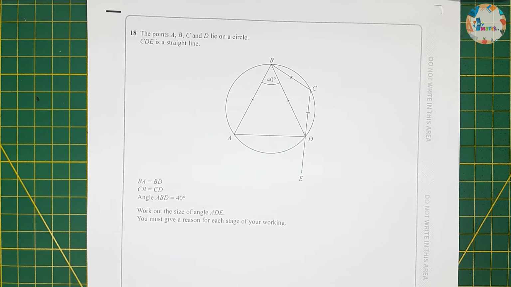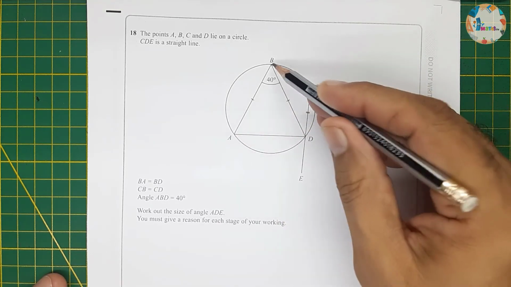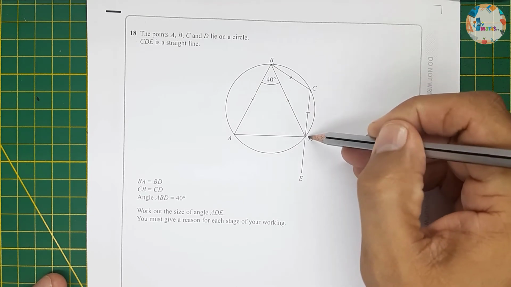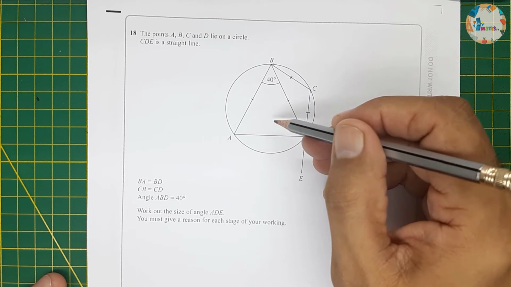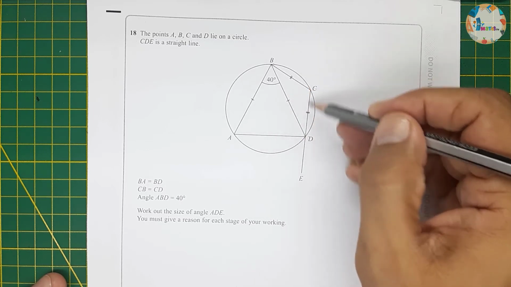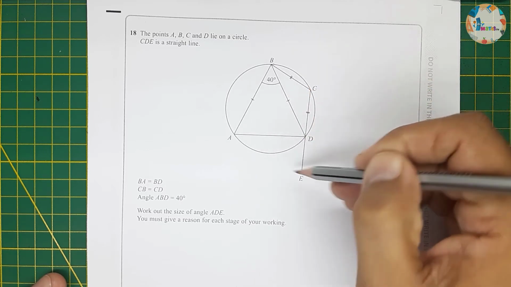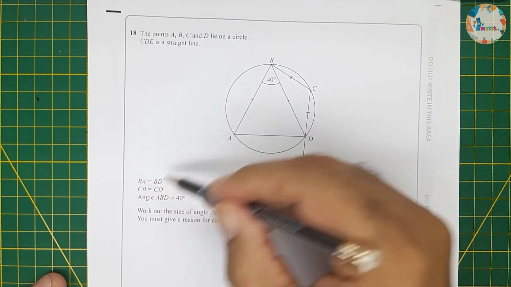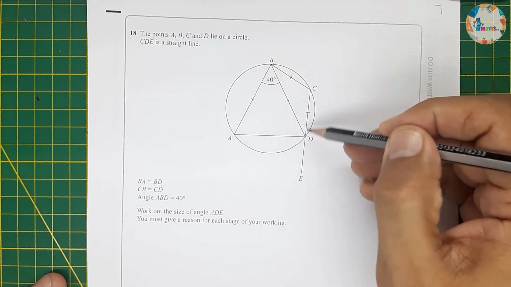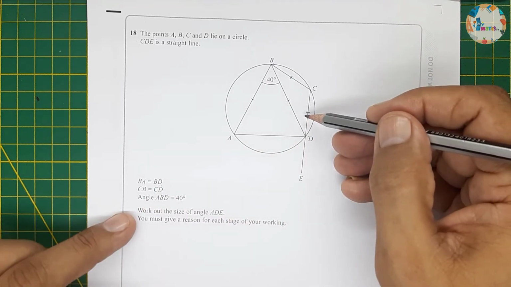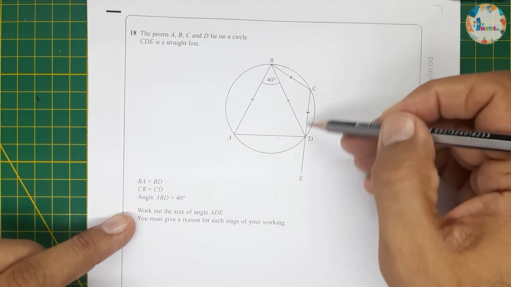Now here comes question number 18. The points A, B, C, D lie on the circle, so this is a cyclic quadrilateral. CDE is a straight line. BA is equal to BD, and CB is equal to CD.